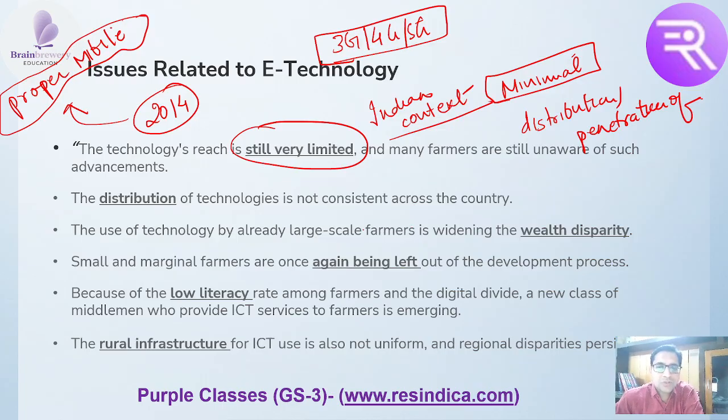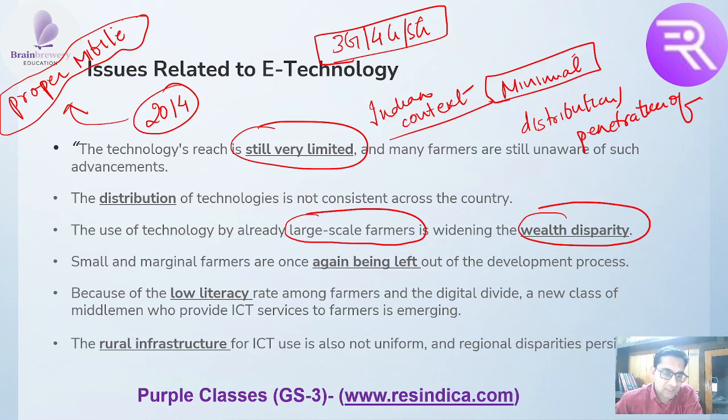The use of technologies is also creating a wealth disparity, because larger farmers are taking up the technologies very fast compared to medium and small farmers. So the wealth disparity is increasing day by day.